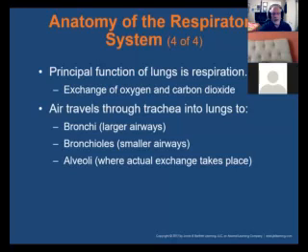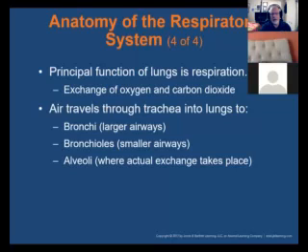So bronchioles have smooth muscle surrounding them, and the lumen, or the inside portion of the tube, expands and contracts with the contraction or relaxation of those smooth muscles around the bronchioles.